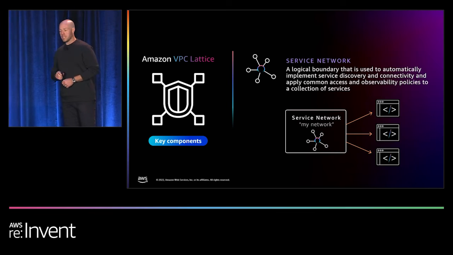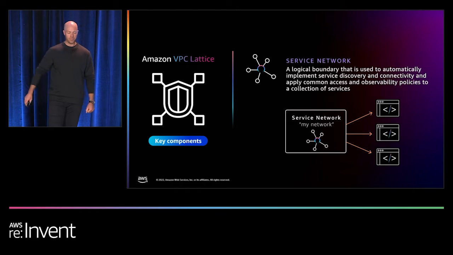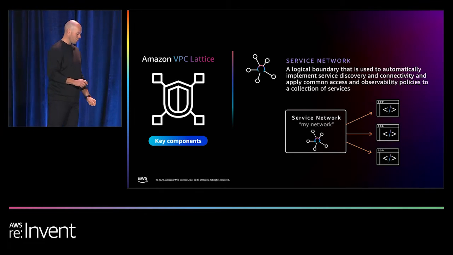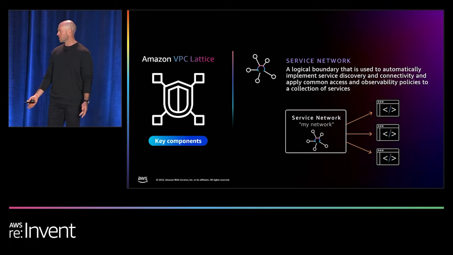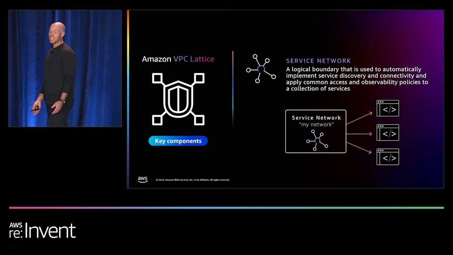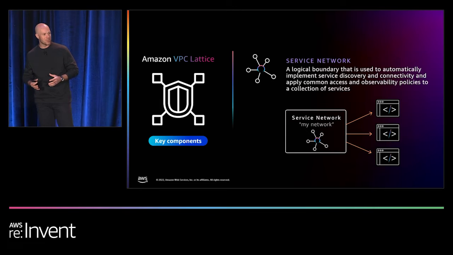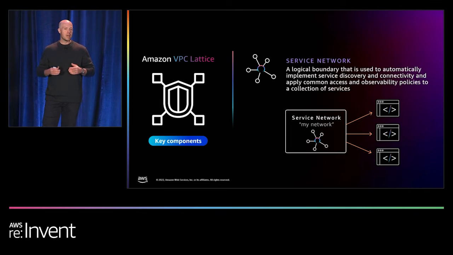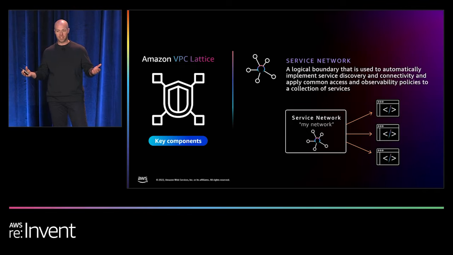So the next piece is a very key component. Service, we just went over. The next key component is the service network. You heard Satya talk about how modern applications look in Amazon today, and in the cloud today, I would say. And I don't want to anchor on the microservices word, because this doesn't just apply to new things. People have adopted multi-VPC and multi-architecture strategies. They've got applications that depend on other things all over the place.